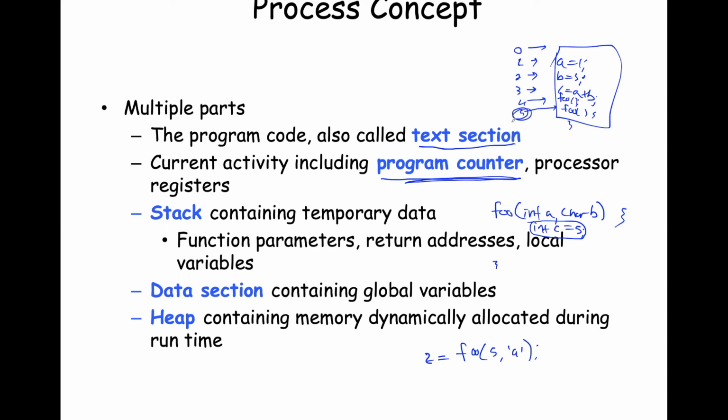And where does it remember it? By allocating it on the stack. So when the function is done executing, it says, okay, well, let me pop the stack in order to retrieve that address associated with where that location in your program where execution will continue. And so the stack stores a lot of different types of temporary data: function parameters, return addresses, and local variables.